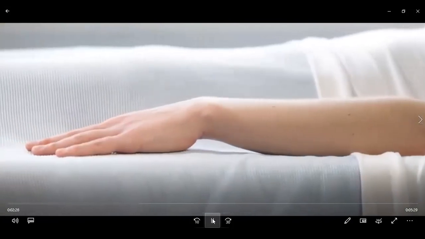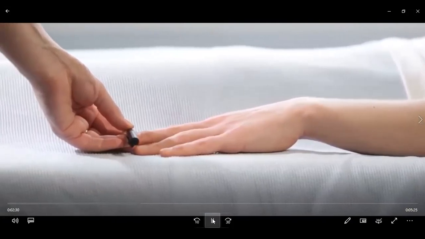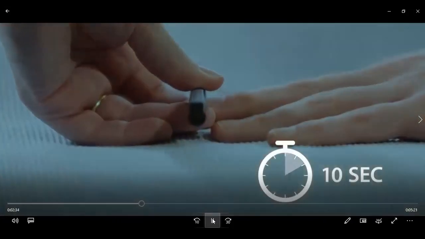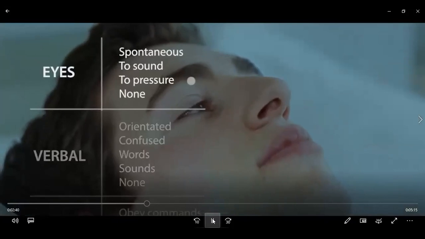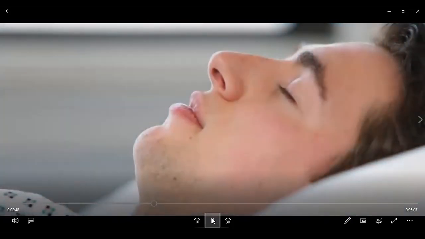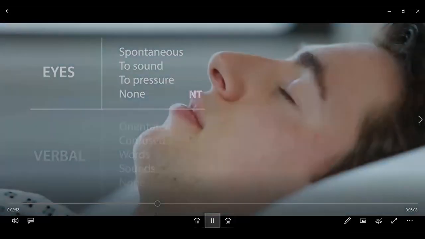Stimulation starts at a low level by pressing on the nail tip, and is applied with increasing intensity for up to 10 seconds, until the patient demonstrates a response or until maximum stimulus has been applied. If the patient opens their eyes, record to pressure. If they do not open their eyes, record as none. If there are local factors, such as swelling, interfering with eye opening, record eyes not testable.